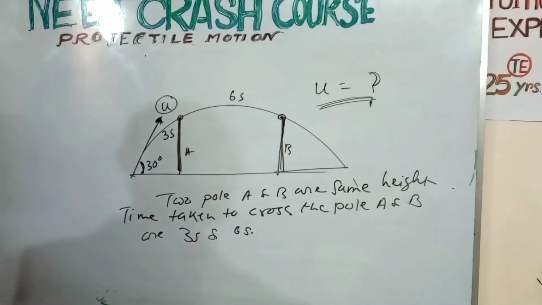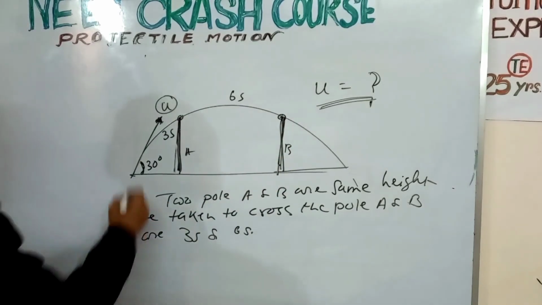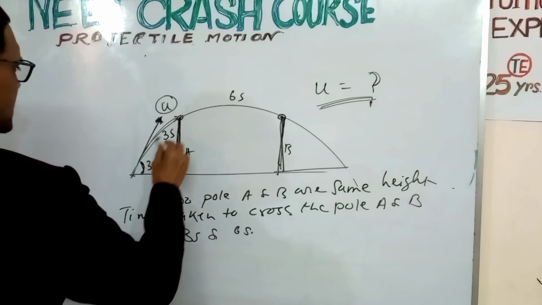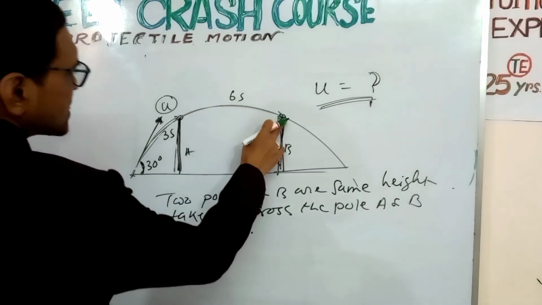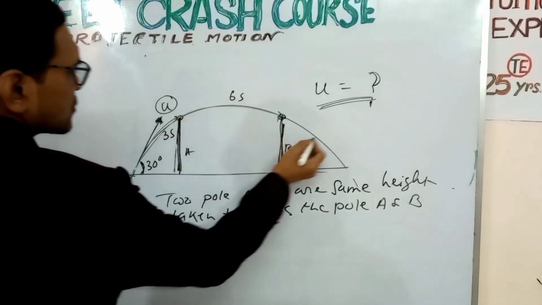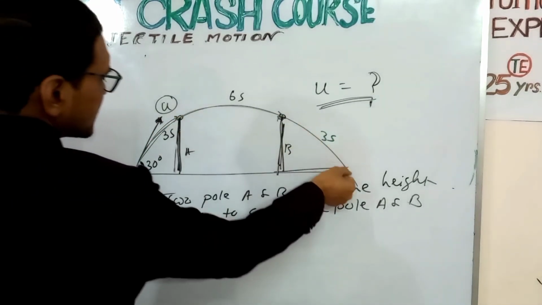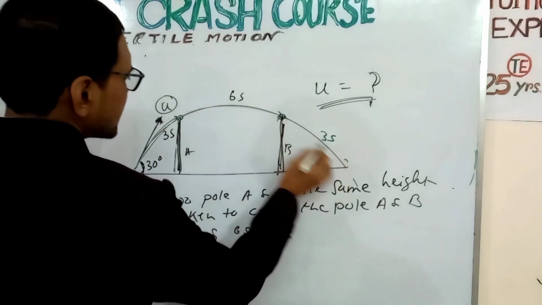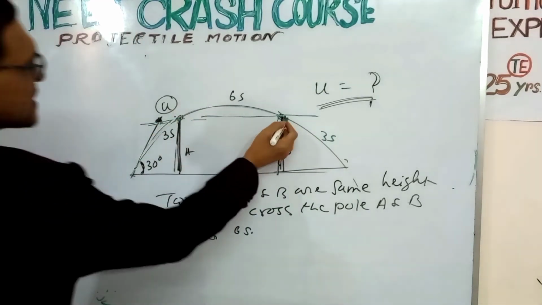So how can this problem be solved? This is one pole, this is another pole. Now we know this time is 3 seconds and this time is 6 seconds. So time taken from this to this is 6 seconds. Now this is 3, so this will also be 3 seconds, because time of ascending and time of descending from the same height will be same.